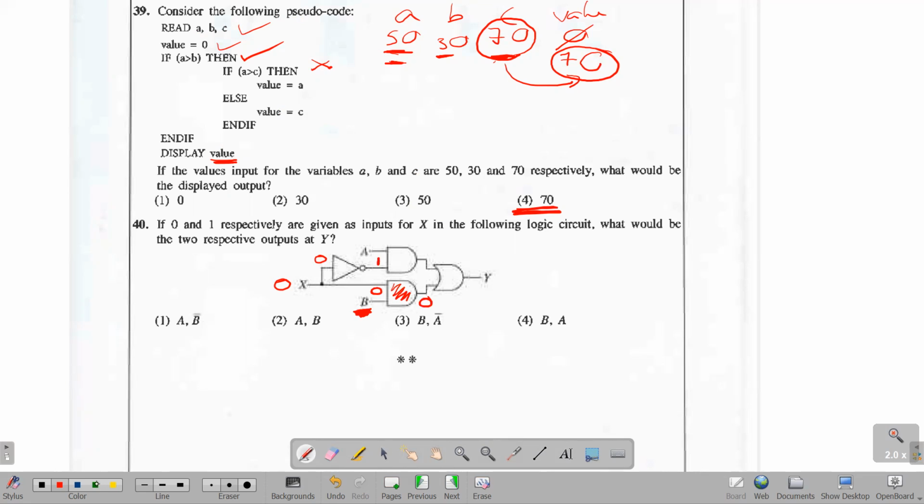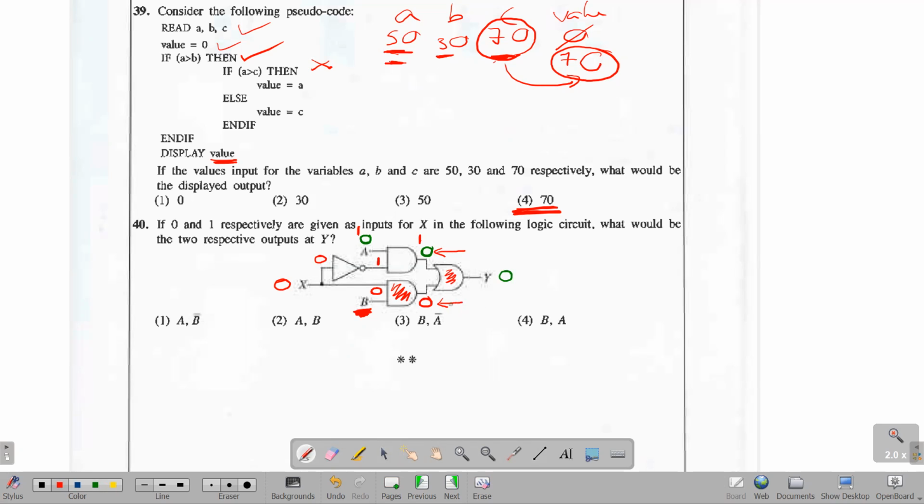Now, if the value of A is 0, this is going to give you a 0. If the value of A is 1, this is going to provide you a 1. Right? So since this is an OR gate, when this provides 0 and 0, the Y is going to be a 0.